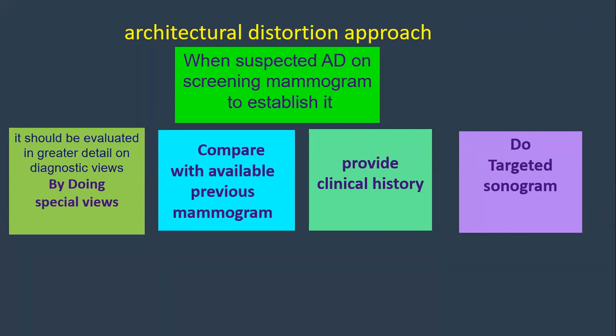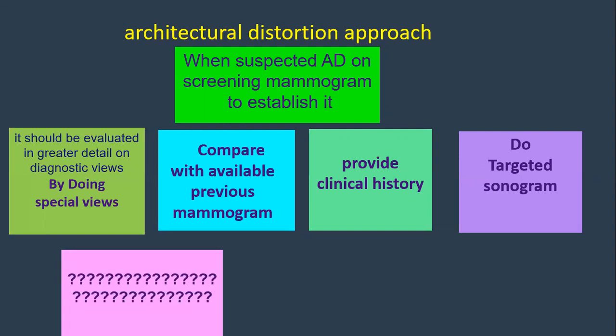Those who have digital tomosynthesis capability usually do 2D and 3D together for screening. But those who do not use it routinely for screening can use it in the diagnostic setting as an adjunct to diagnostic mammography to make sure if this is an architectural distortion or not.